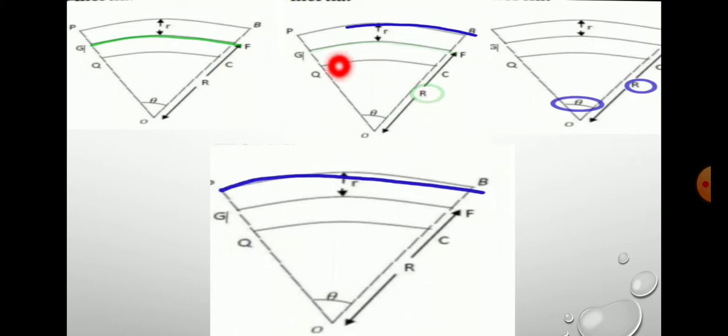Then the neutral filament GF has the distance PB, that is the small r. Then neutral filament GF is equal to R into theta. Here theta is the angle subtended by GF at O. Now we can find the outer filament with the help of GF.